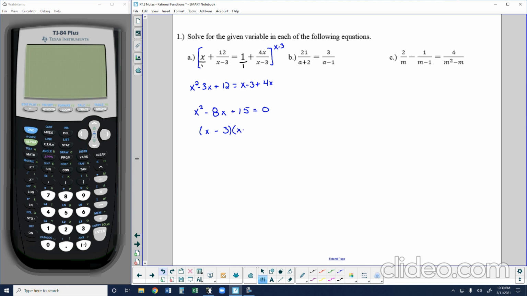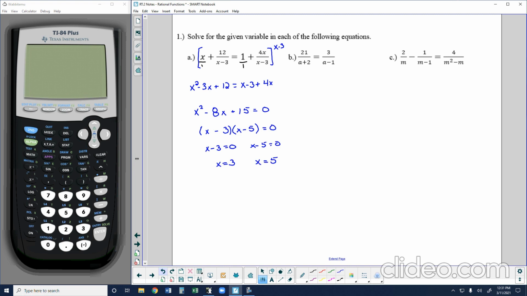Now, it is worth going back and checking our solutions because in some instances we are going to have extraneous solutions. One of the extraneous solutions should be apparent here. If I take 3 and put it back into the equation, my first term would be okay, it would just be 3.